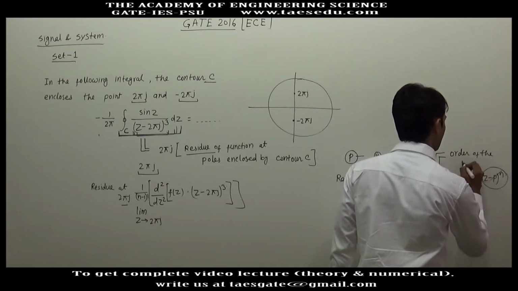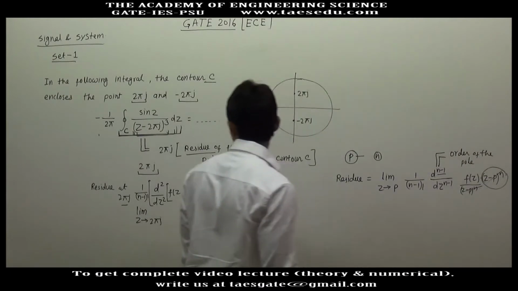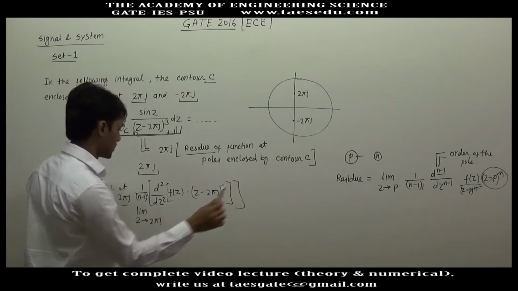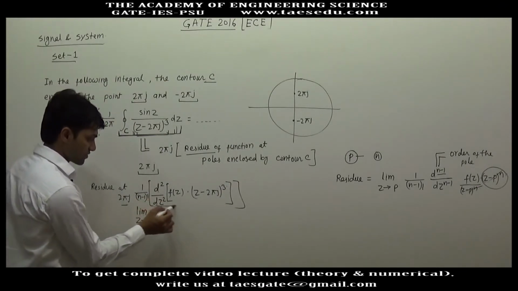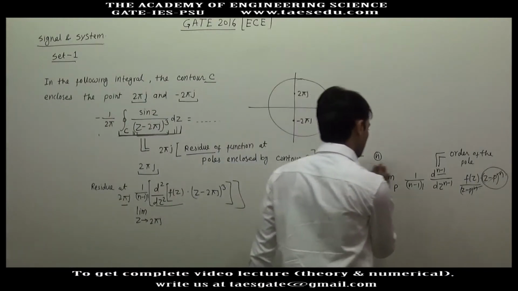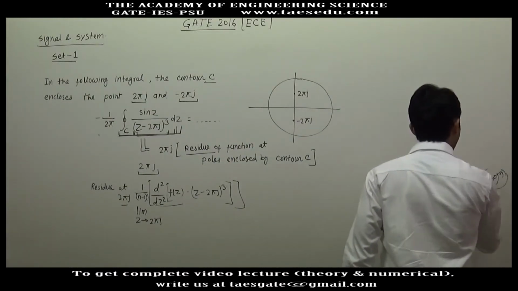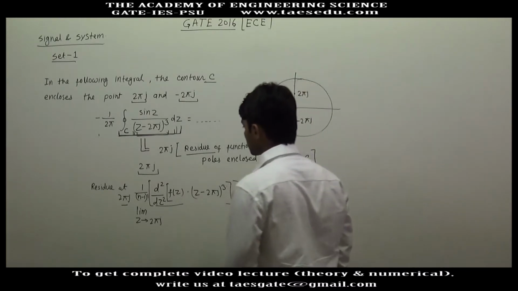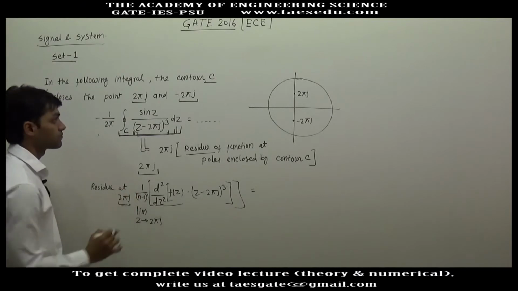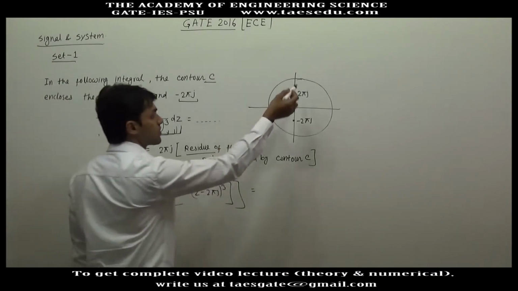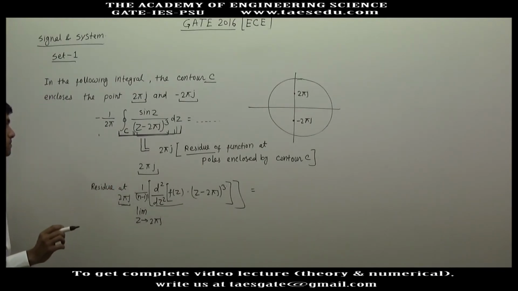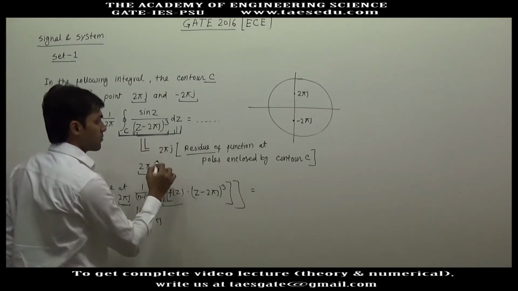Here the order of the pole is n equal to 3, so we will have to differentiate this function twice. Since 2 pi j is enclosed by the contour, we will find the residue at 2 pi j, and to find this integration we will apply this formula.